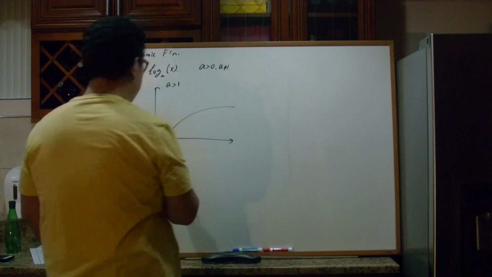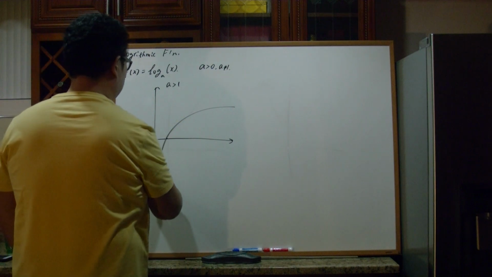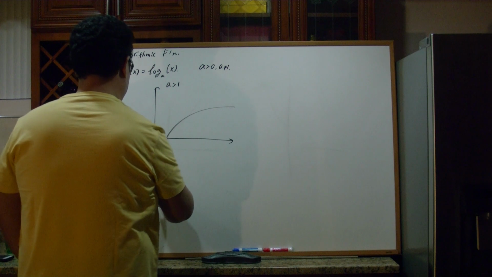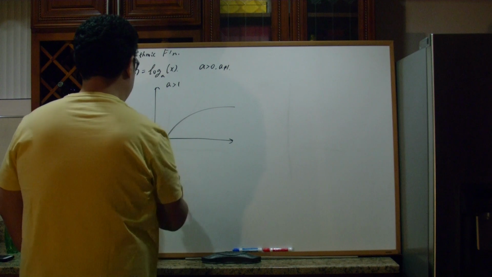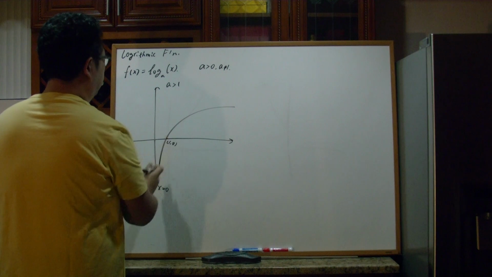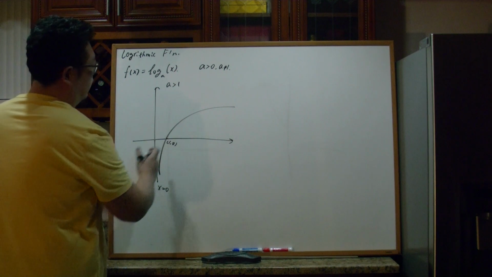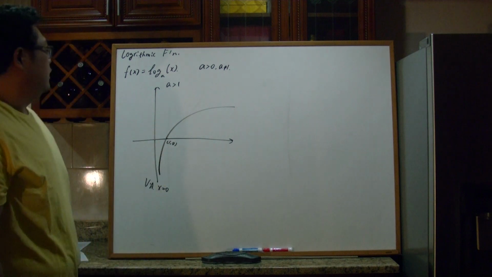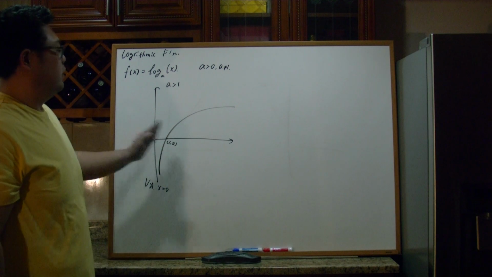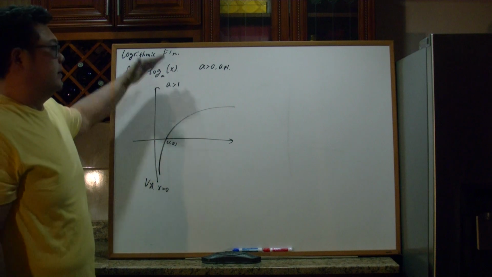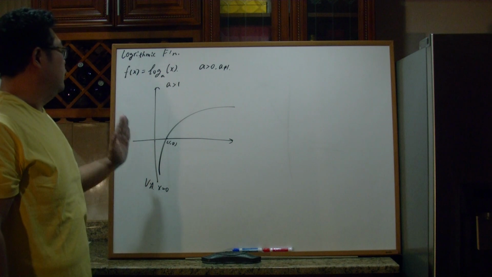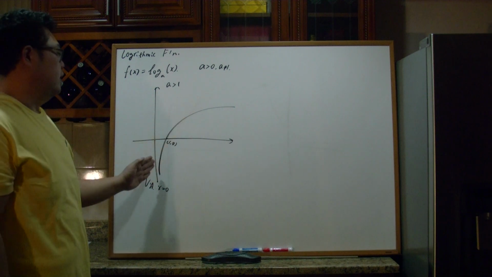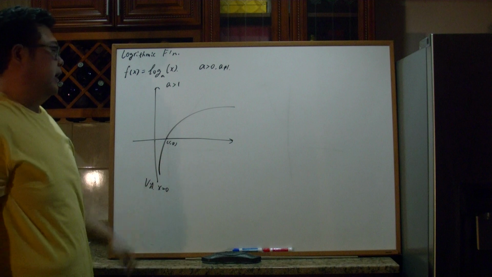For a bigger than 1, we have that function, we have a vertical asymptote actually, at x equals 0. It passes through (1, 0), and domain is x to be positive, range is all real numbers. Domain before was all real numbers, but range is y to be greater than 0 for the exponential function. For logarithmic, domain is x to be greater than 0, range is all real numbers it can take.